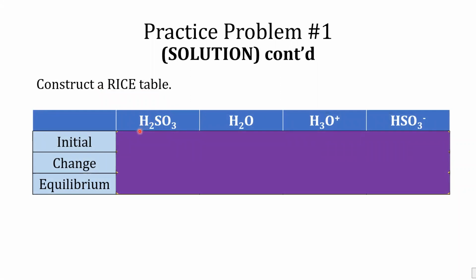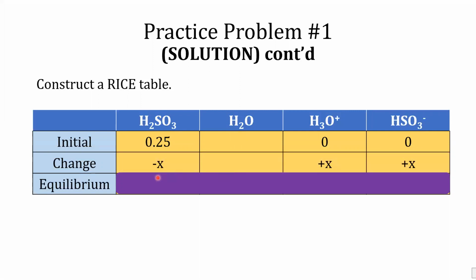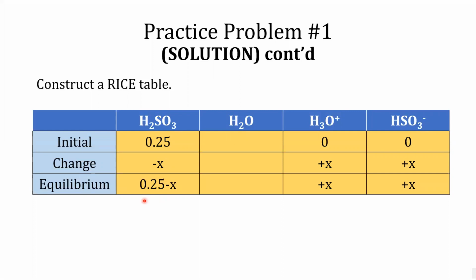The initial concentration of H2SO3 is 0.25 molar and 0 molar for both hydronium and bisulfite ions. The change is minus x for H2SO3 and plus x for both hydronium and bisulfite ions. The equilibrium concentration for H2SO3 is 0.25 minus x and plus x for both hydronium and bisulfite ions.